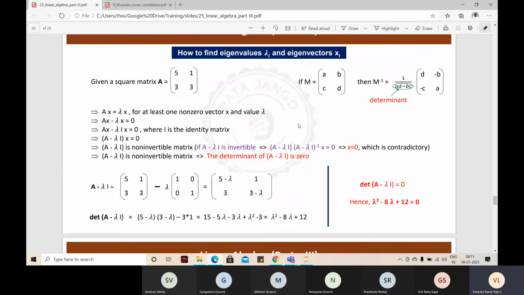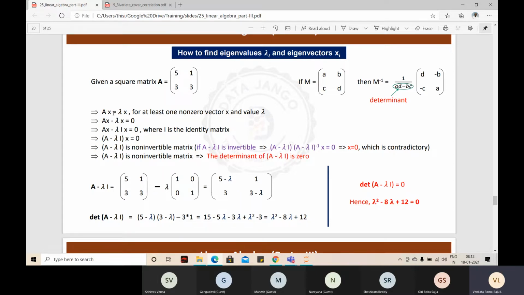So now, how to find out eigenvalues and eigenvectors? Suppose that this is the matrix. Okay. We said that A into X is equal to lambda into X. So for at least one non-zero X and lambda, if it is zero, everything will become zero and anyway going to be equal.